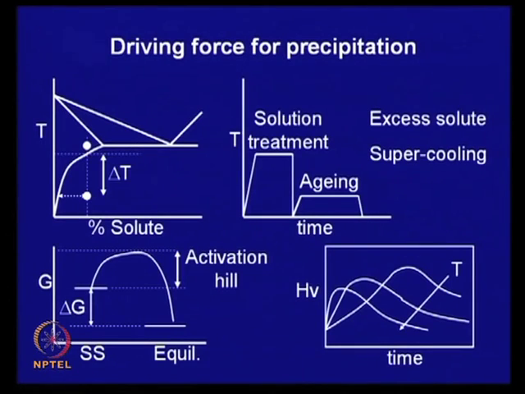To understand that, let us look at this diagram. We define the free energy change delta G V as the driving force for precipitation, and this can be measured either in terms of the extent of supercooling, that is delta T. So, this is the temperature from which it has been quenched, and after quenching, let us say we have the supersaturated solid solution and then we keep it at a particular temperature here and leave it at that temperature.